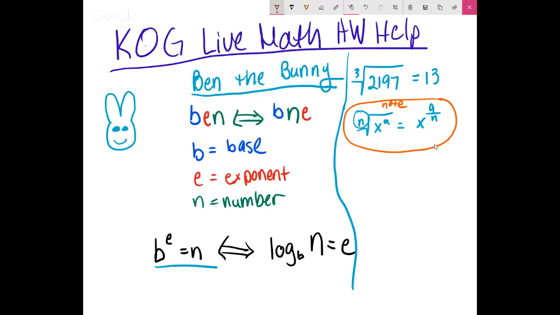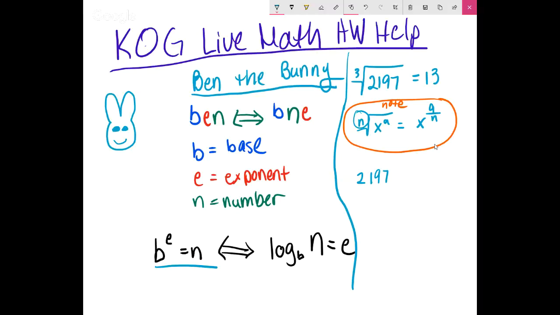So following this rule, we want to convert this cubed root of 2197 to be an exponent, and not a cube root. So it's 2197. And what's the exponent of 2197 under the radical?